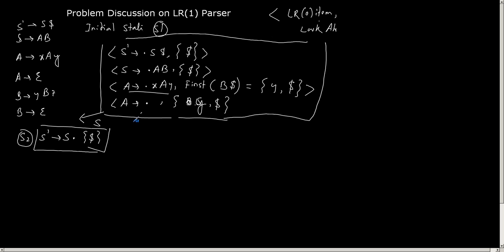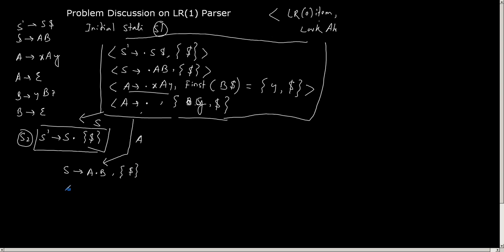For this one, suppose I consume A. What will happen? After consuming A, it will have S as A dot B, and the look ahead symbol, as I have already told you, will be dollar.